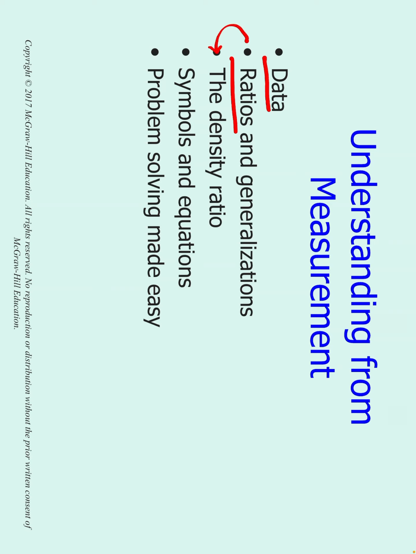So this next bullet says density. Density is a ratio, and that's basically what your chapter 1 homework, not the reading assignment but the other part, is going to entail. It's going to have mostly density type equations. Whenever we're doing measurements, it's really important to know the symbols of those measurements and the different equations that have those symbols.